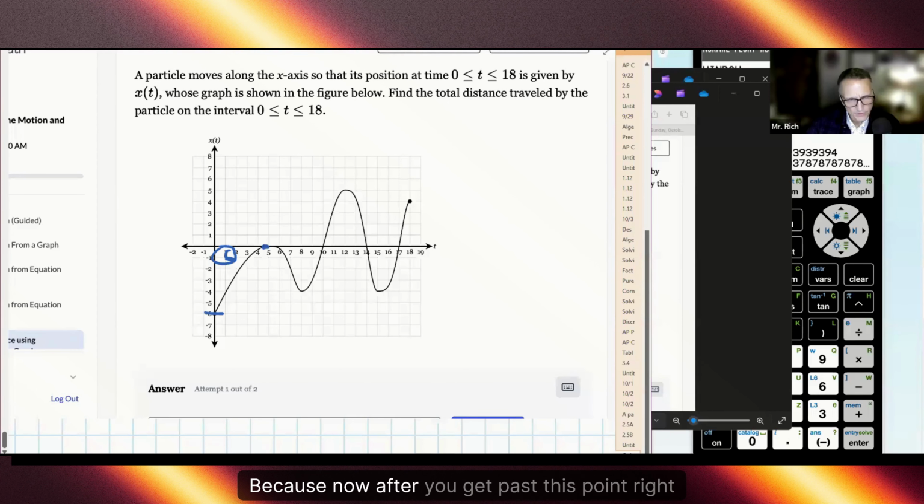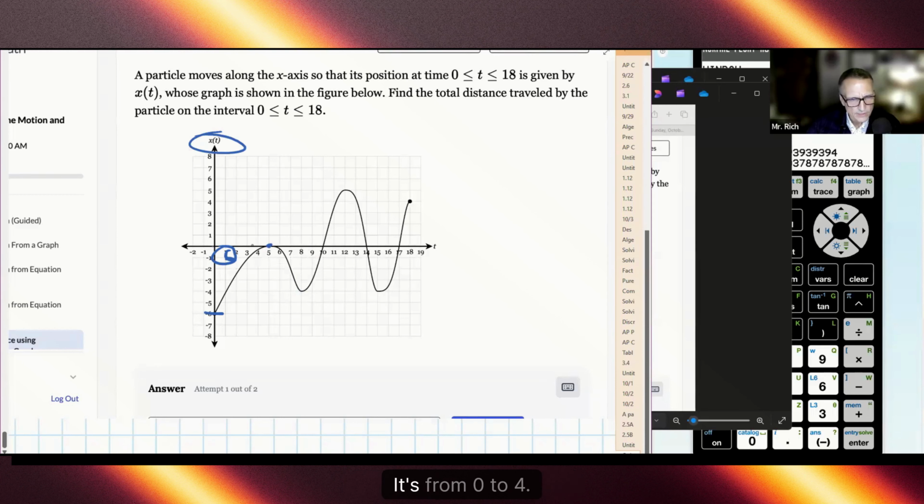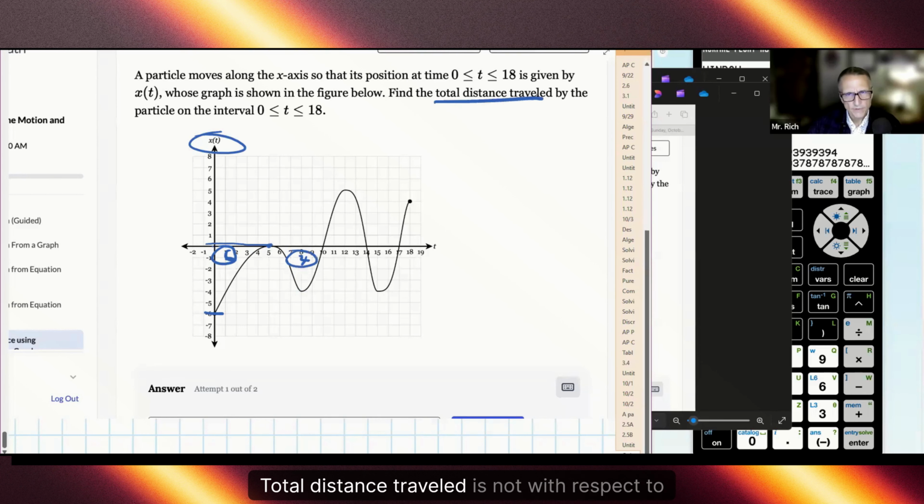Because after you get past this point, the slopes are negative, which means the velocity is negative, and it is moving from a position, I'm reading position off the y-axis, from 0 to 4, so it is 4. I'm only counting positive values. Total distance traveled is not with respect to positive, negative, left, right. It's just the distance that you're traveling.